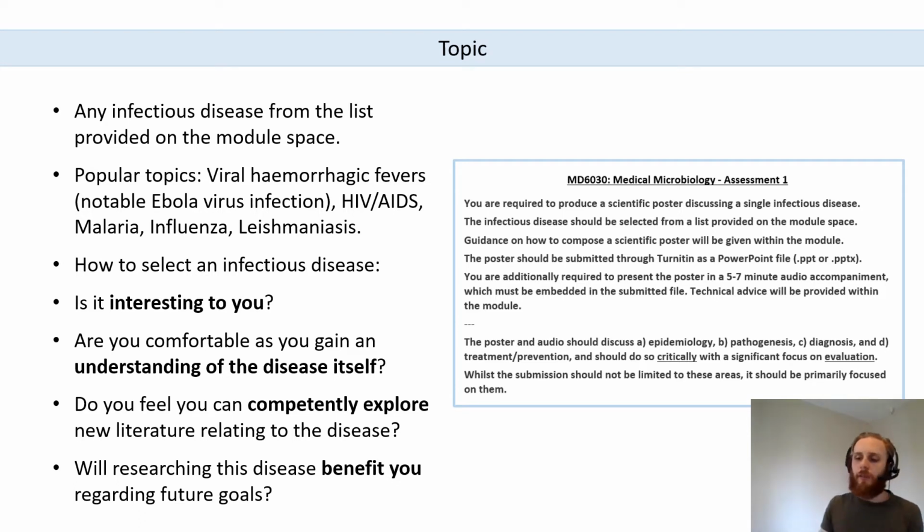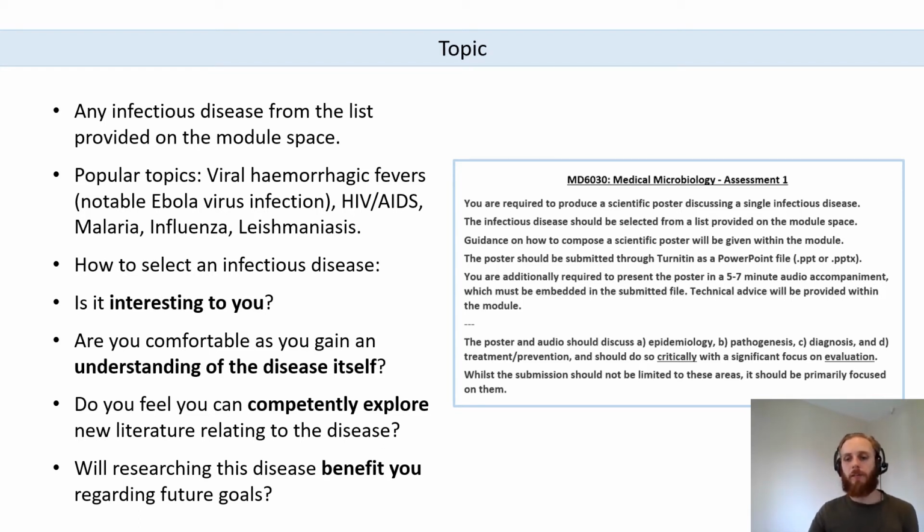Secondly, once you start researching the disease, you want to be thinking about whether you actually understand it. For various reasons, students just find different infectious diseases easier or more difficult to understand. I think some students have a bit of a knack for either bacteriology or virology or mycology, and that's just the way it is. We all have a slight preference for different areas within science, and that's true within infectious diseases as well.